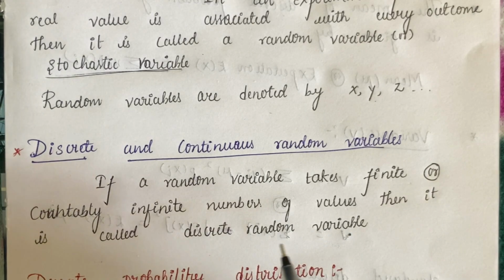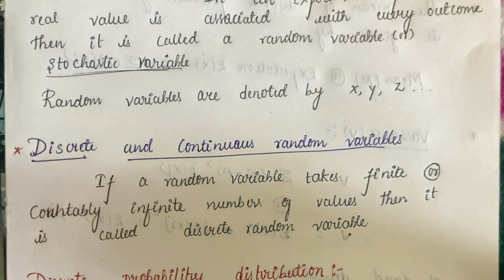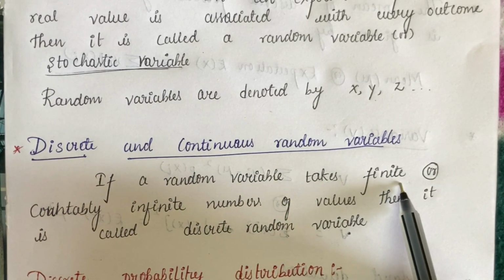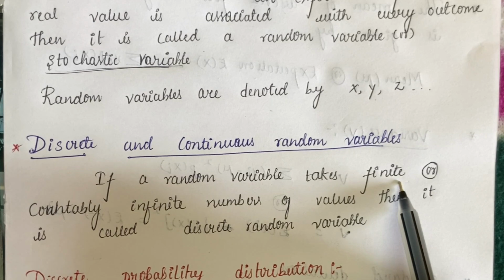The x value, y value, z value should be finite. Then, moving on to the continuous random variable, which is the opposite: a continuous random variable takes an infinite number of values. That is the definition of a continuous random variable.